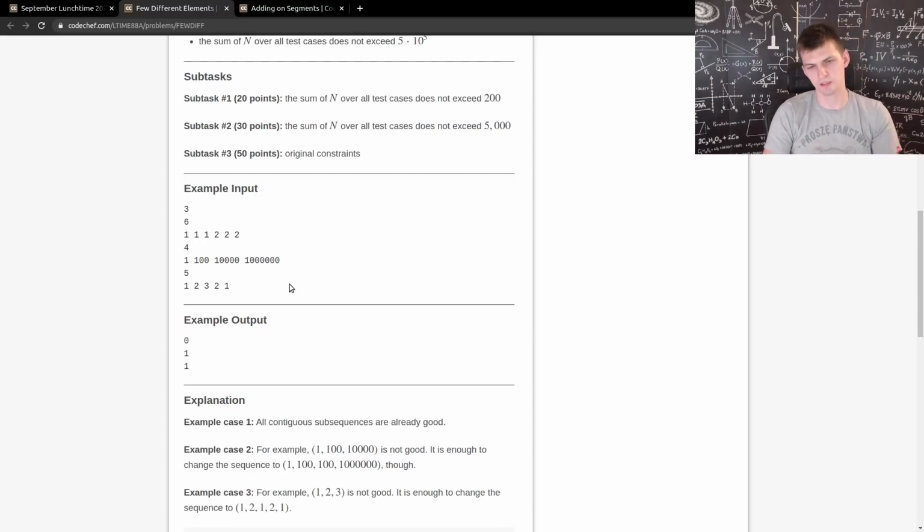Among 3 elements in a row, 2 of them must be equal. Among 5, 3 must be equal.